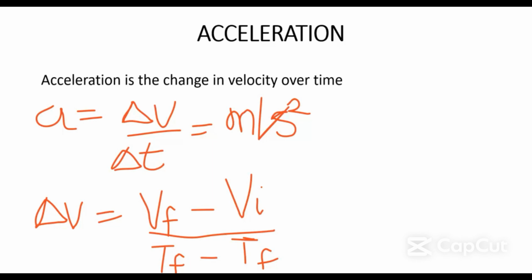One thing you also want to note is that an object can accelerate even if the speed doesn't change. This is because acceleration depends on a change in velocity, and the velocity vector changes if the speed changes, or the direction changes, or both change.